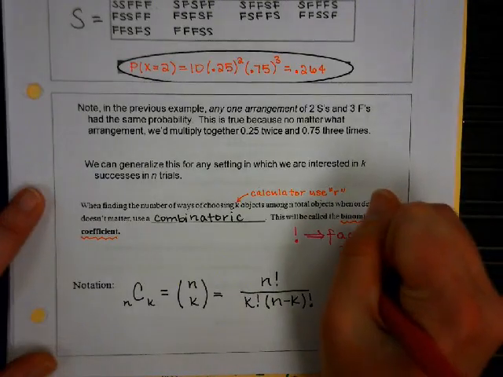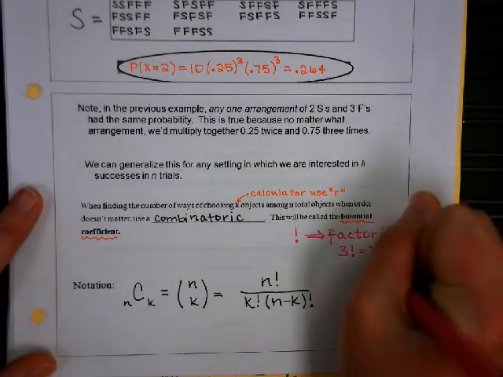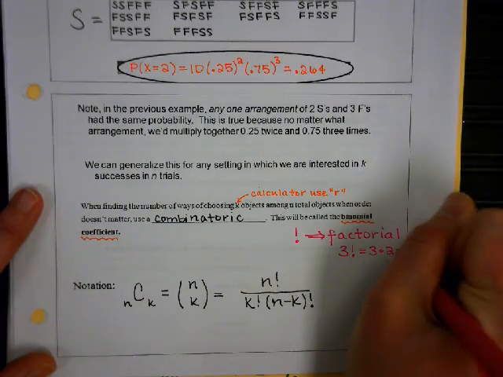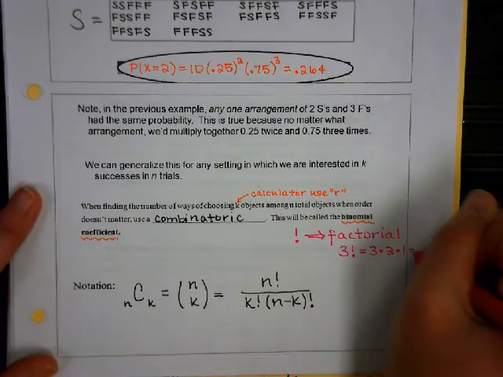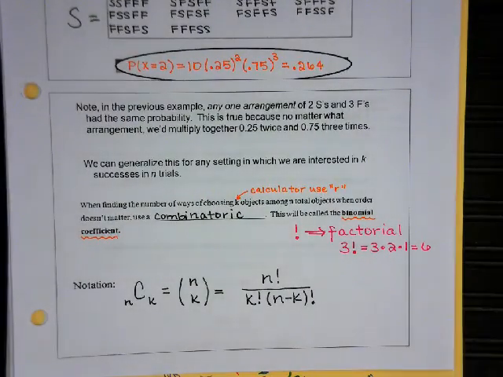Now, like I said, you don't have to memorize this, but this is how they find all the different combinations. The other thing I said, the calculator uses R. And I'll show you where to find it in the calculator in a minute.